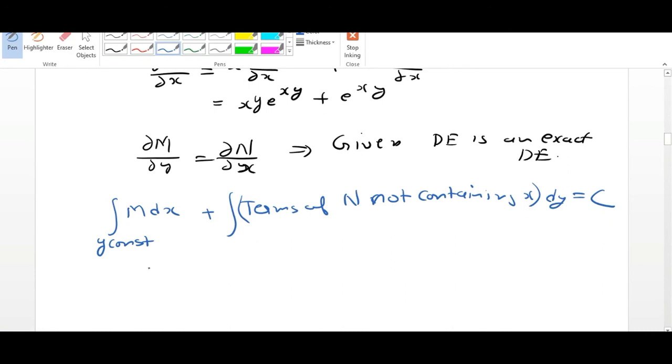Now let's put the values here. Now the value of M is y into e raised to power xy dx plus the terms of N not containing x.